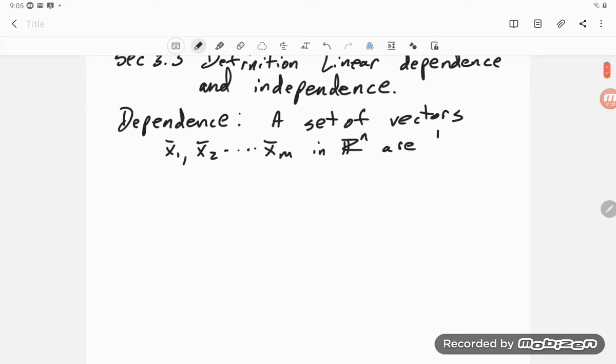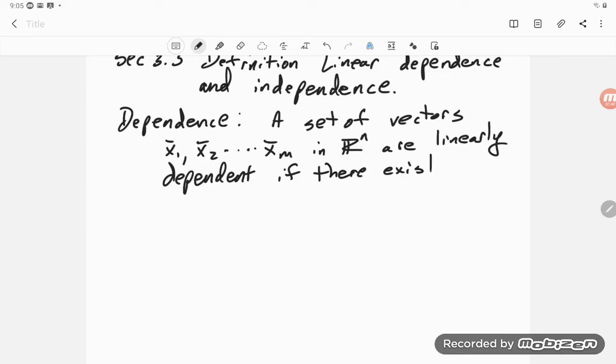They are linearly dependent if there exist scalars C1 up to Cm, such that, oh, I forgot the most important part there. Not all 0.